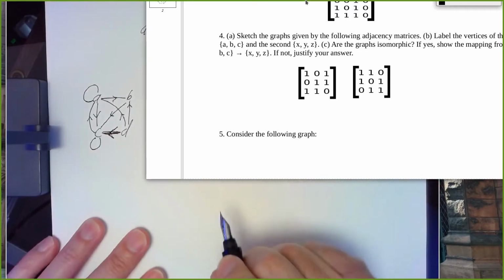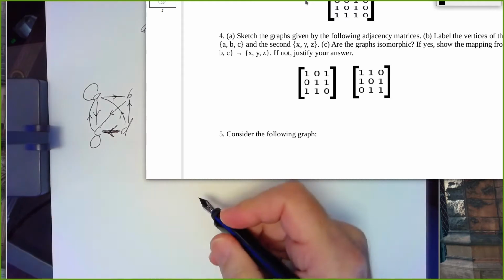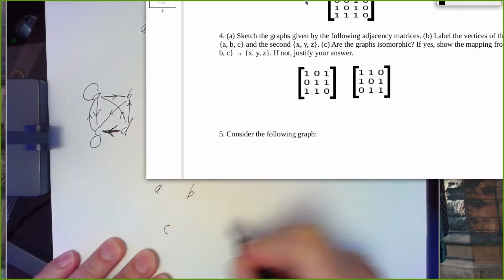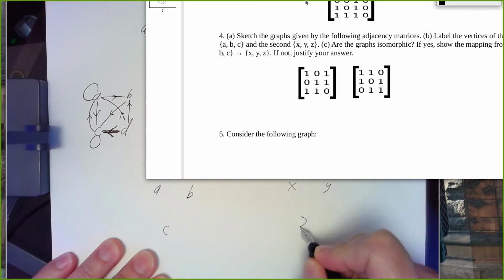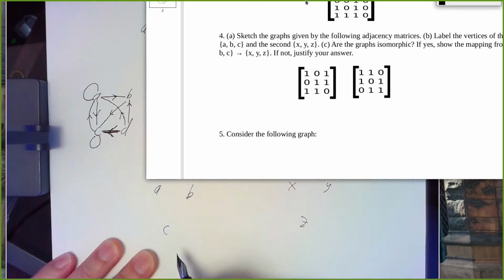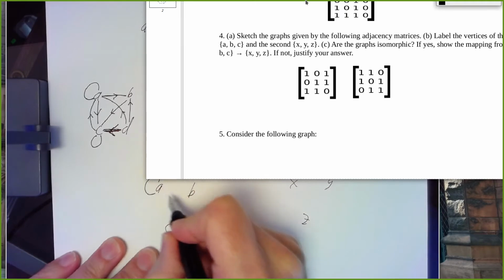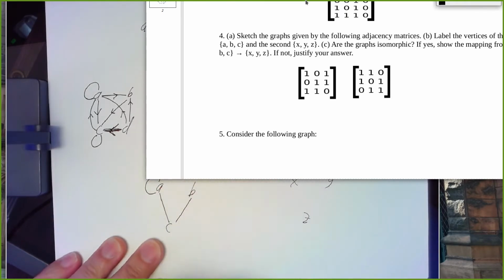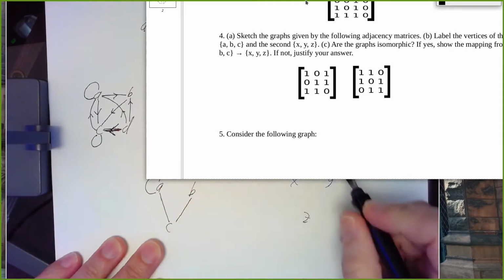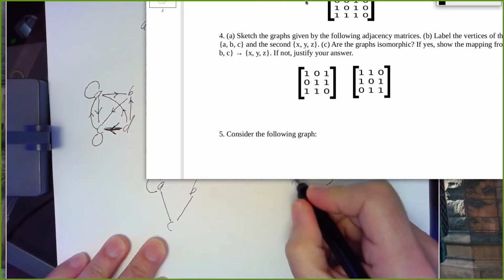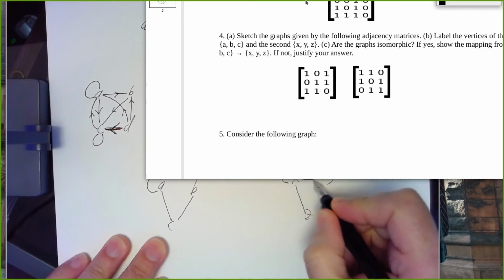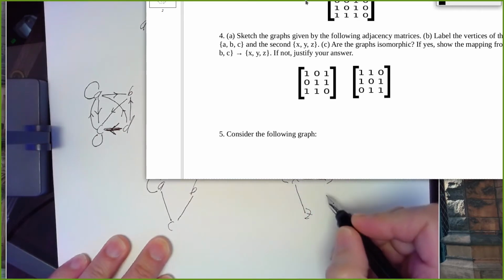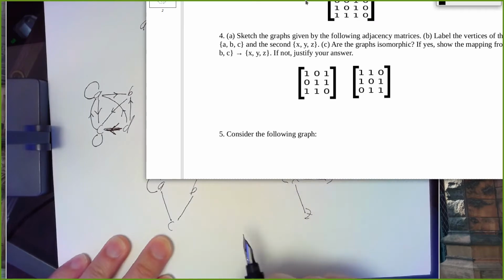And if you draw the graphs, what do you have? You have A, B, C, X, Y, Z. So we have a loop from A to A, and we have something from A to C, and we also have something from B to C. And over here we have a loop at X and also a connection to Y and Z. And Y also has, oh, this looks weird.